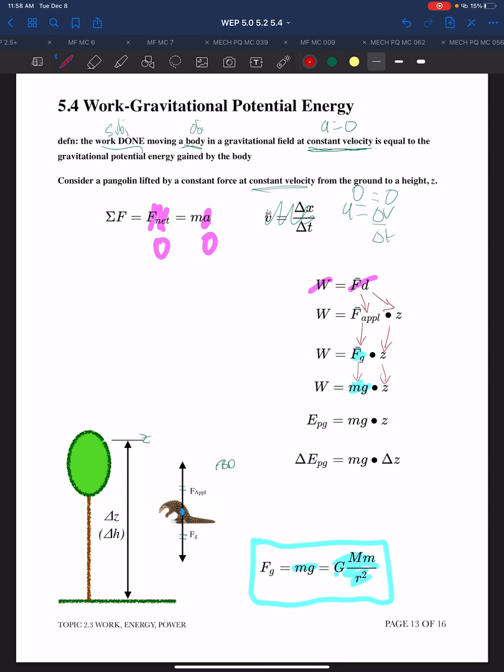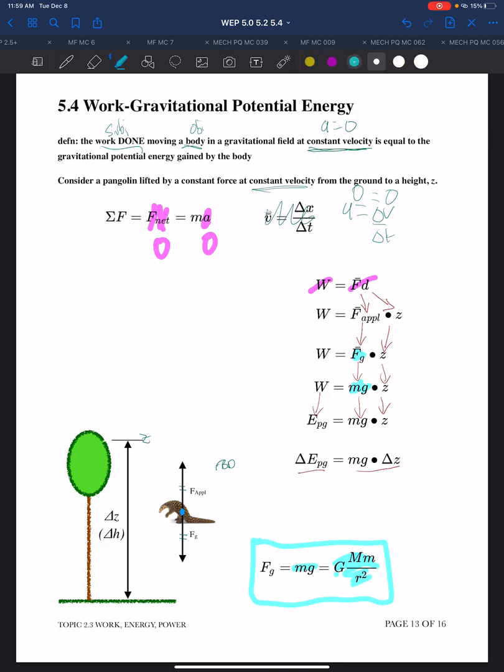And so we said the work done is equal to the gravitational potential energy. So the work is the gravitational potential energy. And for the same reasons we saw with kinetic energy, any change in potential energy is due to a change in height, or any change in height, a change in z, brings about a change in gravitational potential energy.